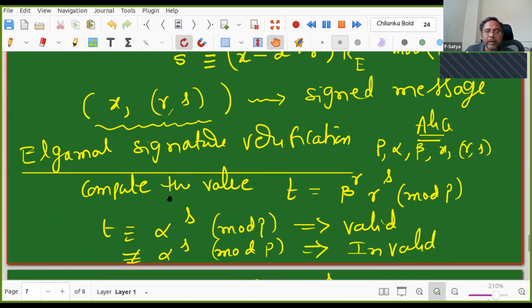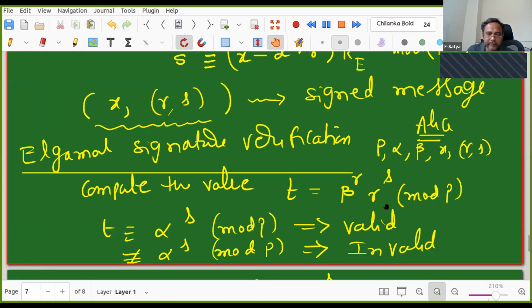Compute the value T equal to beta power R times R power S. Is it possible to compute this? Beta is known, R is known, S is known. Everything is known publicly, and mod P is also known.